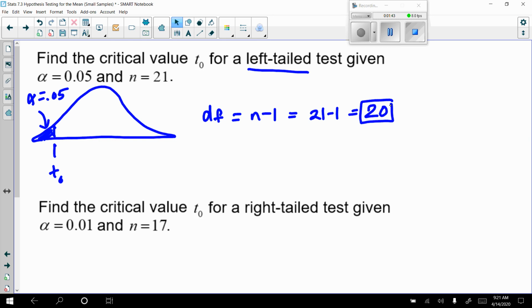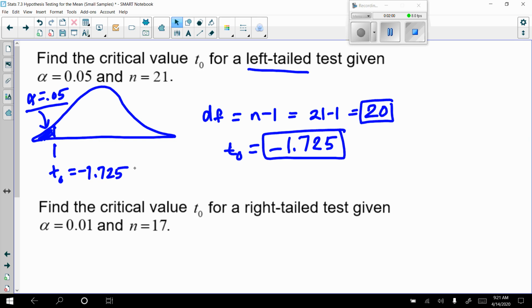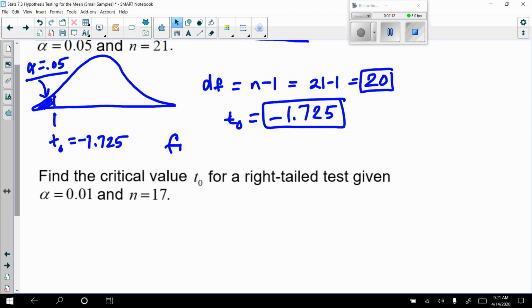Using the table for t distributions and the alpha level of 0.05, we would get that t naught would be equal to negative 1.725. And then we would use that to compare with whatever we're testing to see if it's within that rejection region. So you have to get that from the table. And those tables are copied onto your note page for this whole chapter 7.